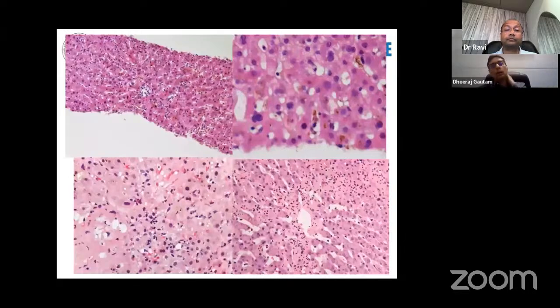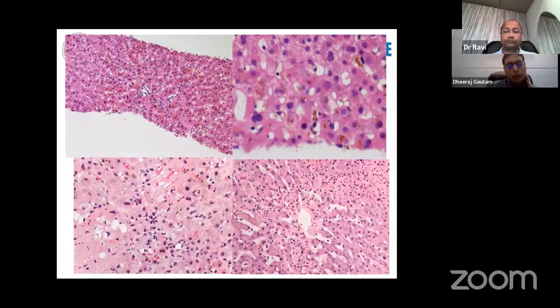So these are the 4 microphotographs of the biopsy. In the first photograph, there is cholestasis. You can see the sinusoidal cholestasis as well as the hepatocytic cholestasis here. In the second photograph, this is the higher power view. You can see the multiple cholestasis, but the inflammation is very less.